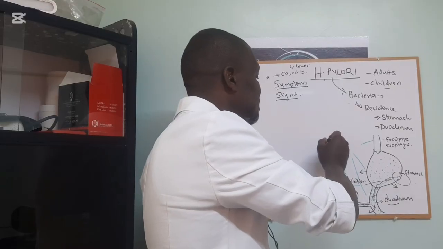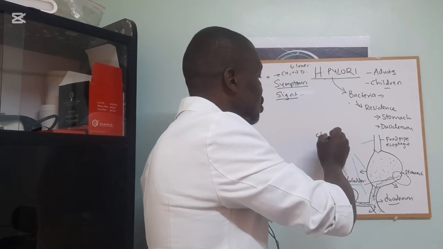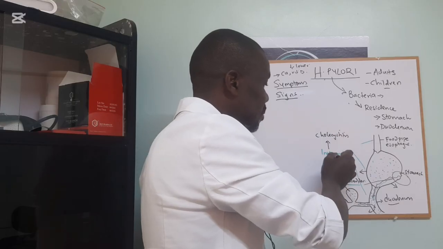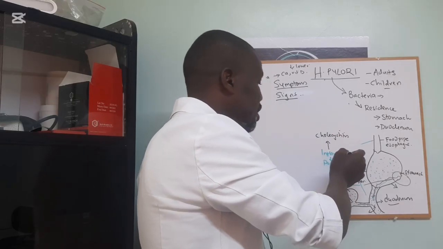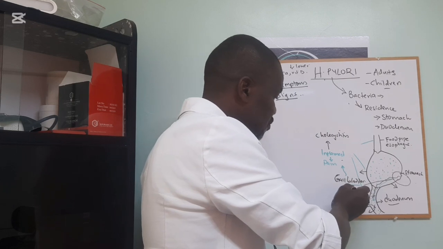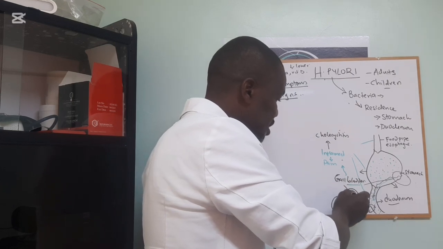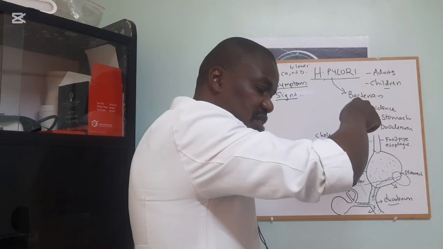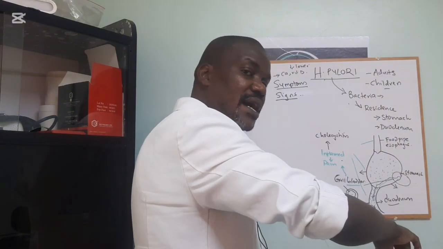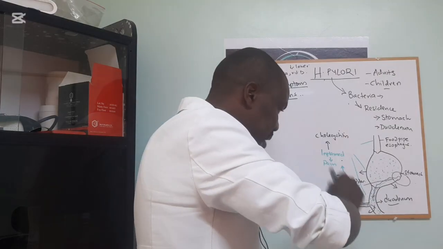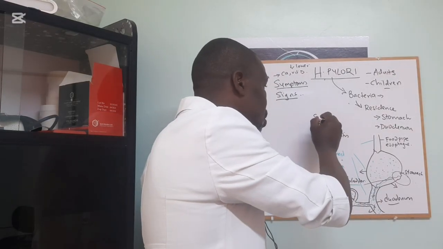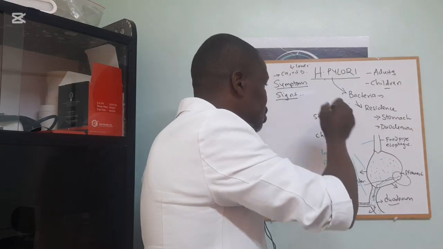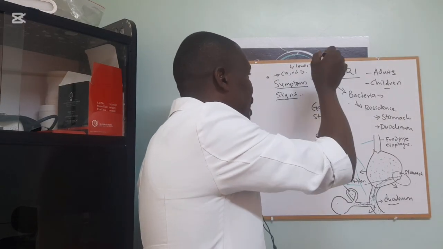When the gallbladder becomes inflamed, now you have a condition called cholecystitis, an inflamed gallbladder. When it becomes inflamed, the walls of the gallbladder will thicken and it will close off. It will close off and it will not be able to discharge the bile into the bile duct. When it is not able to discharge, the bile will harden to form stones, and you end up with gallstones from H. pylori.